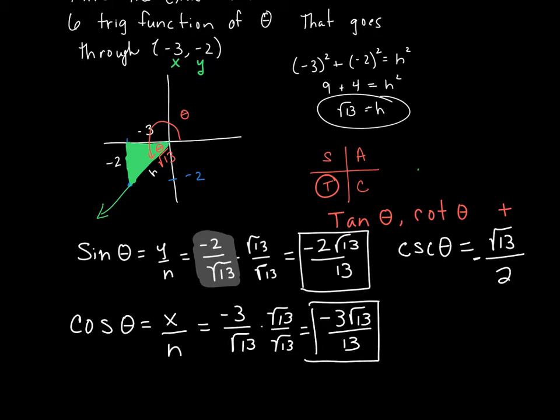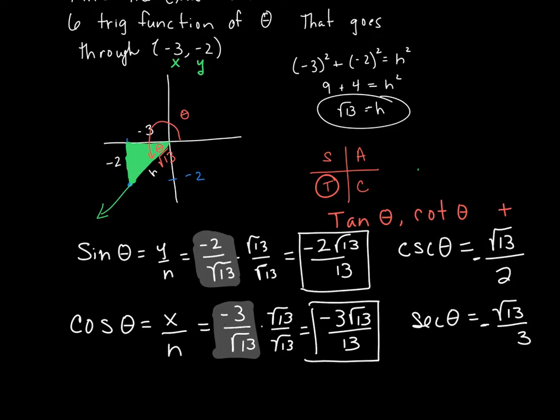I'm going to take the reciprocal function, and I'm going to do that of the value before I rationalized, so that I get the secant of theta is equal to the square root of 13 all over -3. And again, you can put the negative out front instead.